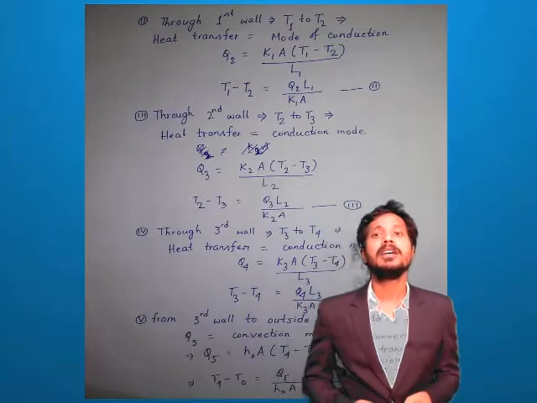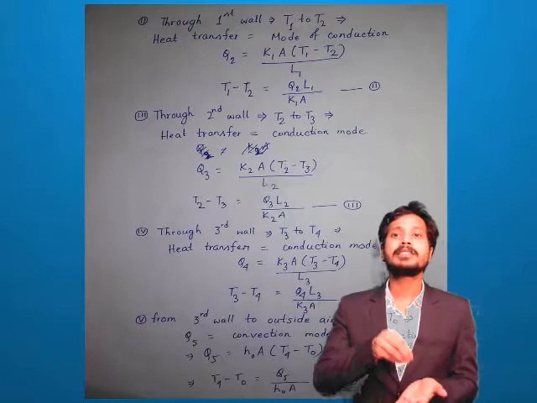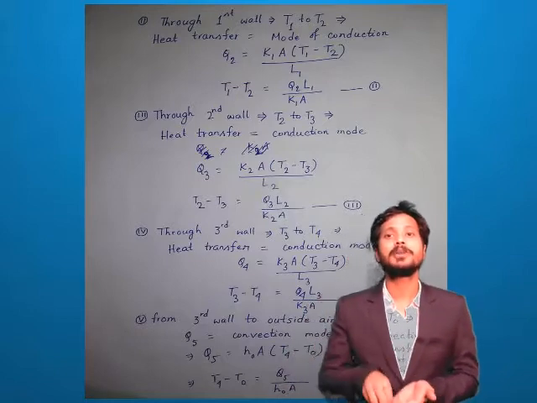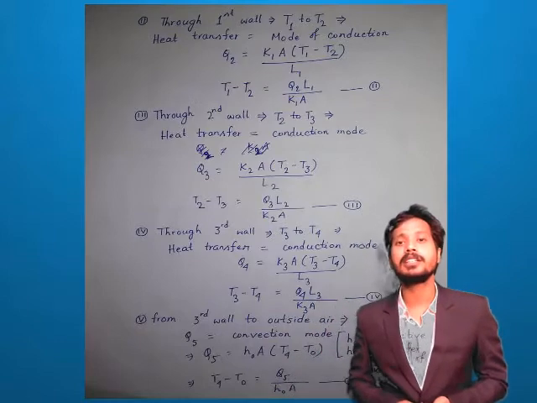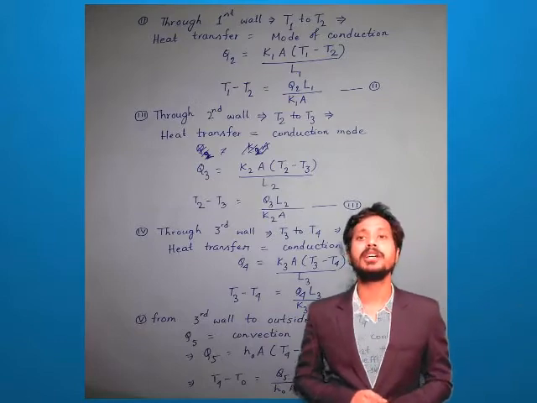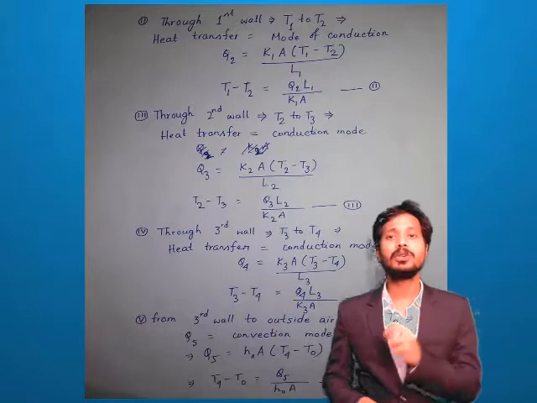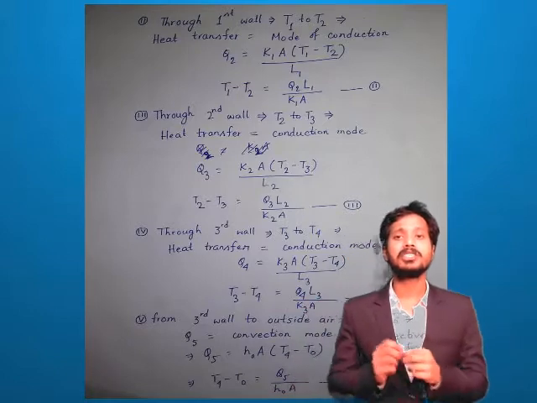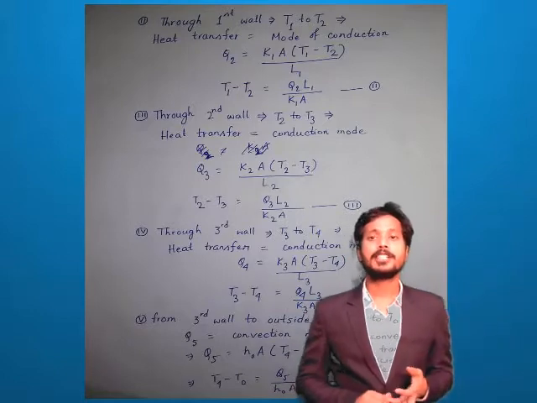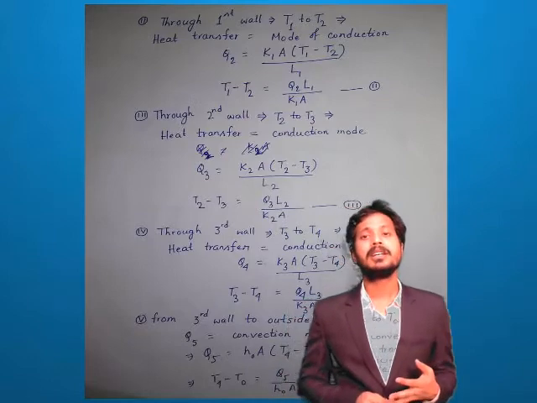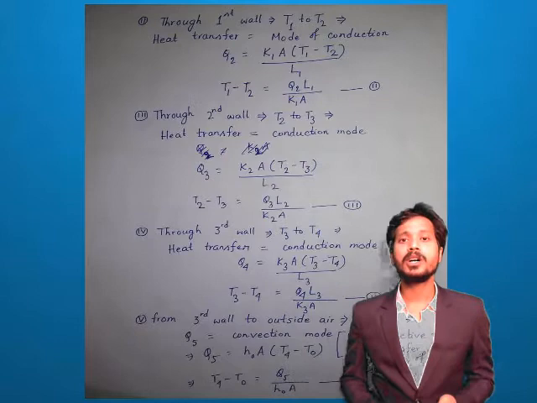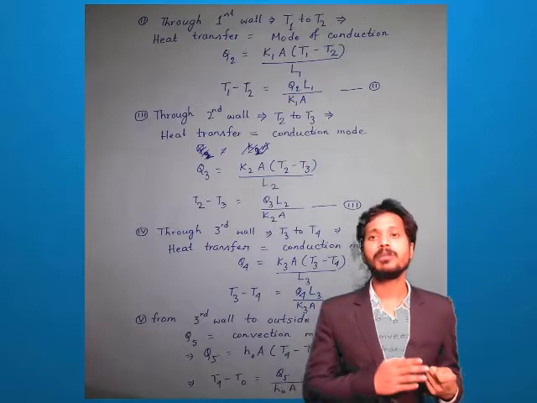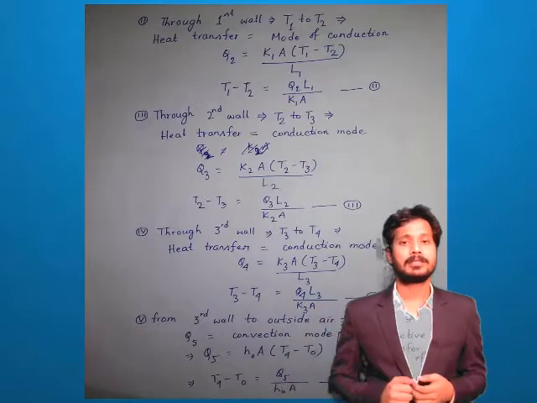Now you tell me, in conduction mode, is this my slab or cylinder or sphere? Yes, it is a slab. So for a slab we already calculated the value of heat transfer, and the formula is Q equals K into A into (T1 minus T2) by L. So as per the given assumptions, we can write the equation Q equals K1 into A into (T1 minus T2) by L1.